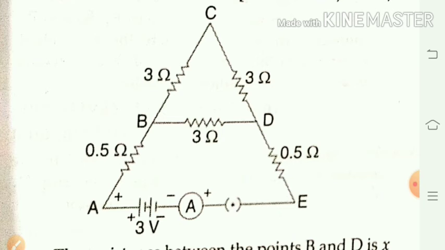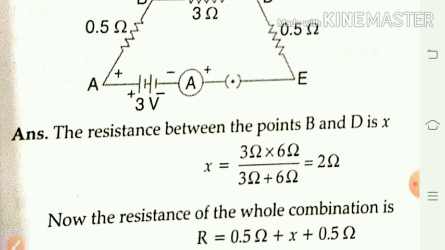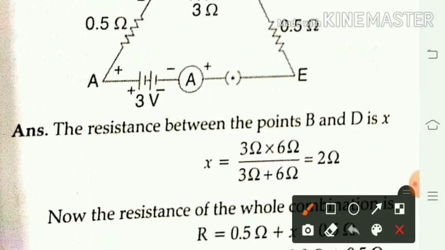At CE they are also in series and the voltage is 3 volt, but in between points B and D there is a 3 ohm resistor in parallel with a 6 ohm resistor. So how to solve this? We will see the steps. The resistance between the points B and D is supposed to be X, and X is equal to 3 ohm into 6 ohm upon 3 ohm plus 6 ohm.